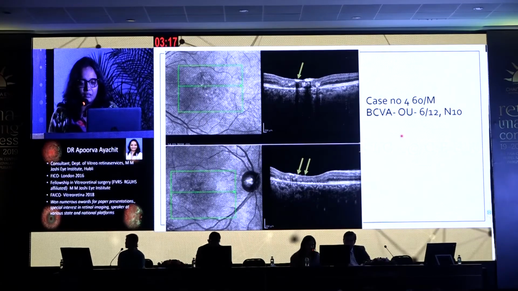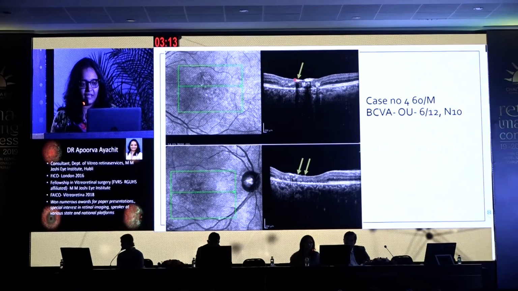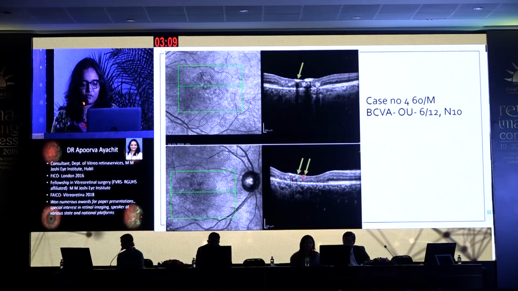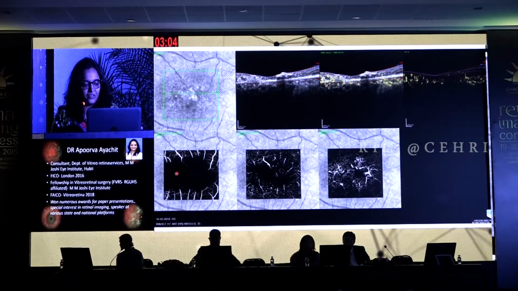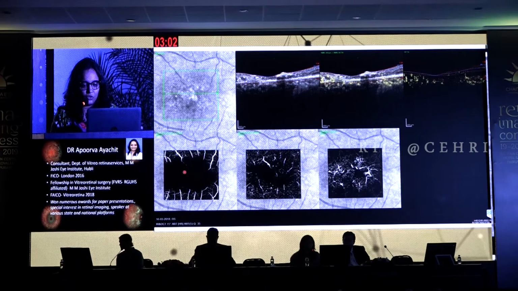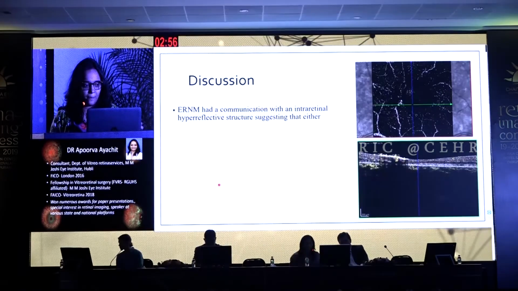This was the last case in the series that we published, and this had a very, very flimsy membrane in one eye and this fragmented sort of membrane in the other. So this was the wispy membrane that we could see on the OCTA of one eye, and this was the fragmented ERNM that was looking like two separate complexes.